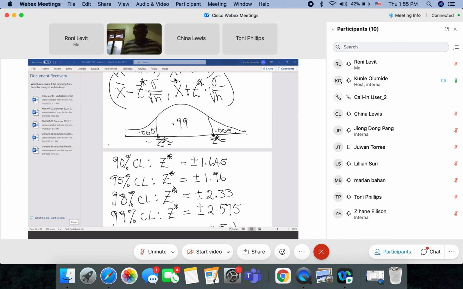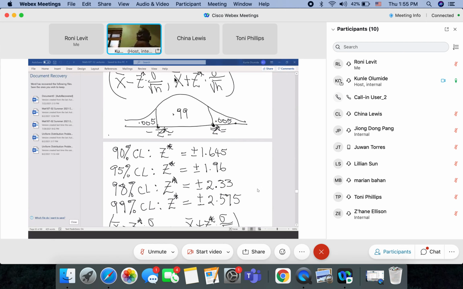If you're doing 98% confidence level, your Z star will be plus or minus 2.33. And with 99% confidence level, your Z star will be plus or minus 2.575. We went over that yesterday.